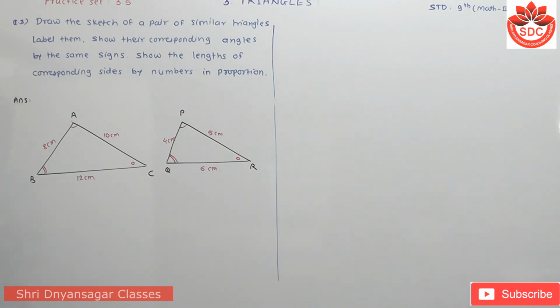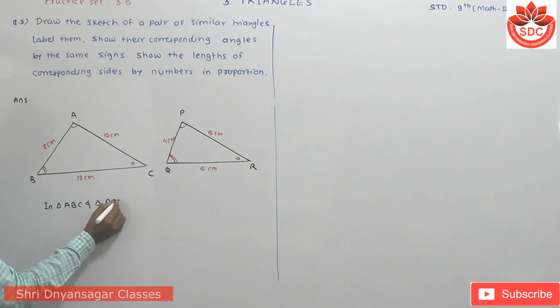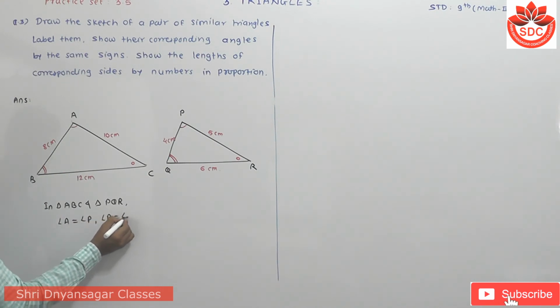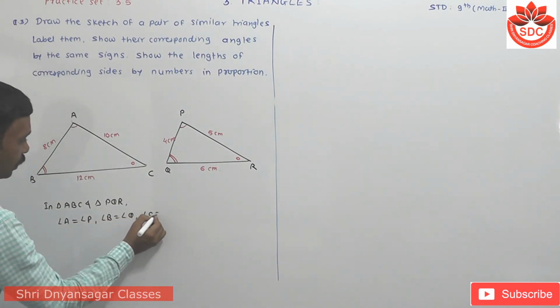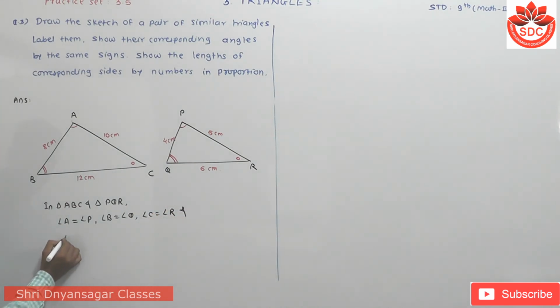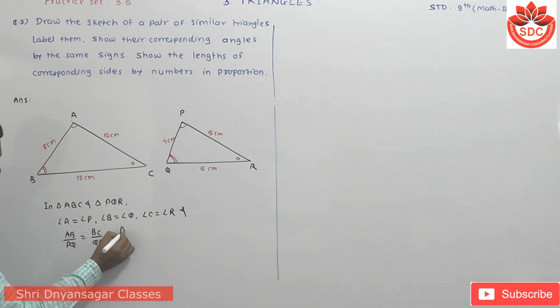Then for these two triangles, angle A equals angle P, angle B equals angle Q, angle C equals angle R, and the ratio AB upon PQ equals BC upon QR equals AC upon PR.